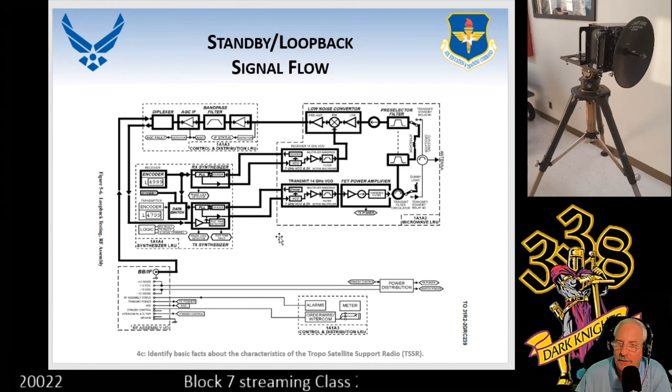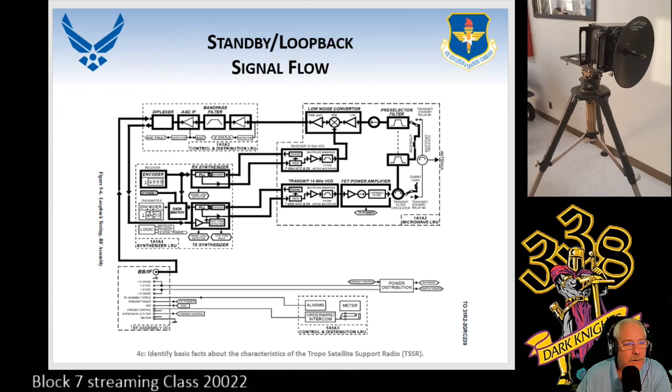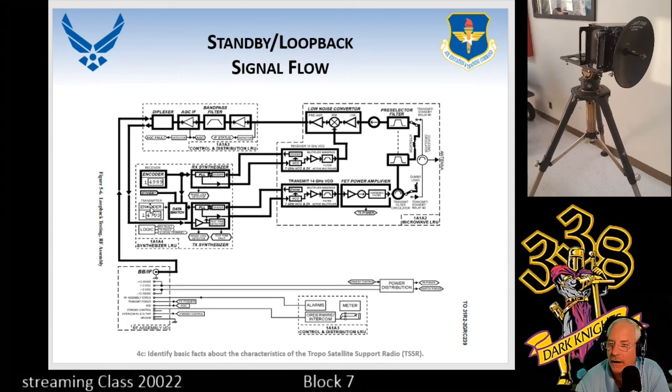In operate, we use both encoders. Why? Because one of them is at least 200 megahertz away from the other, so they don't have overlap. But when we do loopback, we've got to figure out a way. If I do a transmission, how do I get it demodulated back to me?